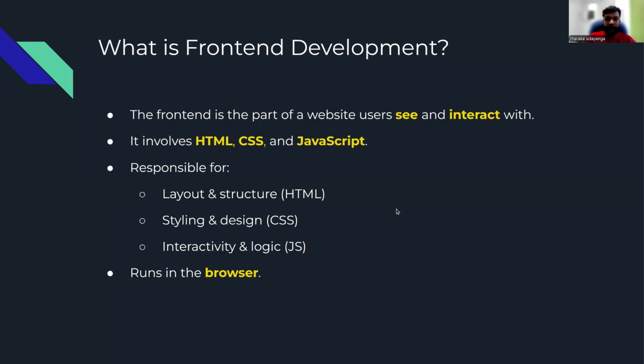Okay, so first things first. So what is front-end development? So front-end is the user interface where the users interact with our application. So that's the main layer. Like the user first comes and sees the front end or the interface, and then starts to interact with the application. So we have a lot of responsibilities to build these interfaces, and to perfectly handle these interactions because users mainly depend on those things.